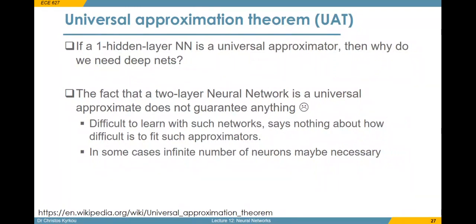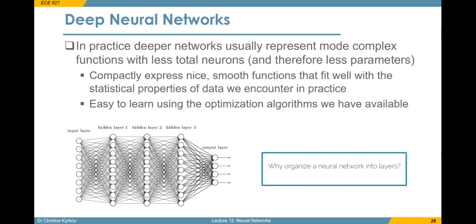So it gets really complex to first find the architecture that can satisfy our error, and then to find an algorithm that can find the right weights. So that's one of the reasons that people have moved away from one hidden layer networks and moved into deeper networks.